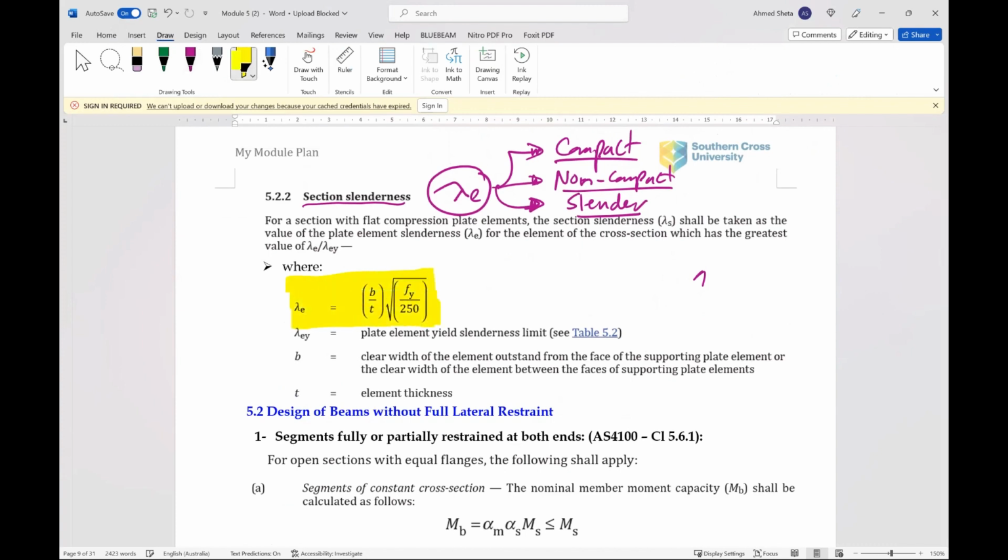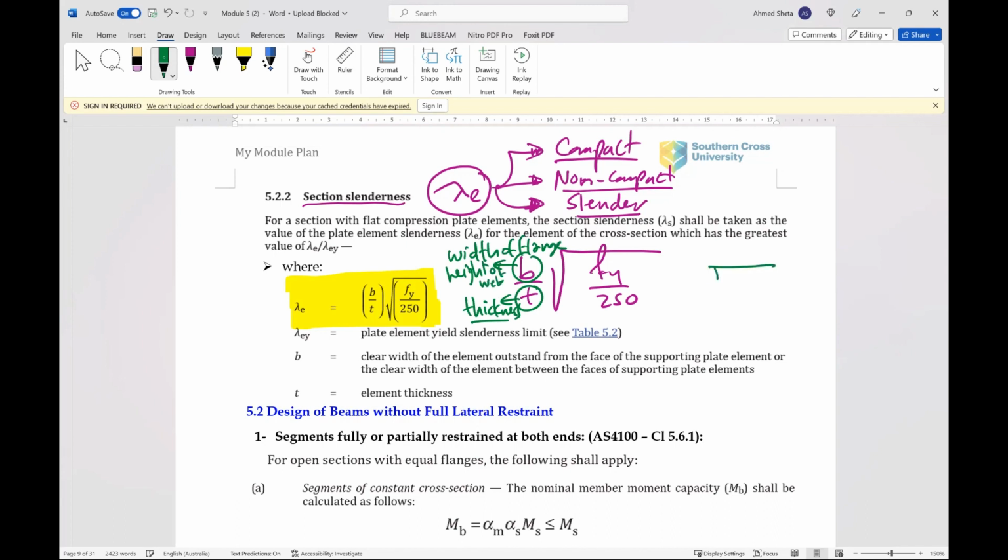So lambda e equals b over t times root of fy over 250, where b and t are the width and thickness of the web or flange.